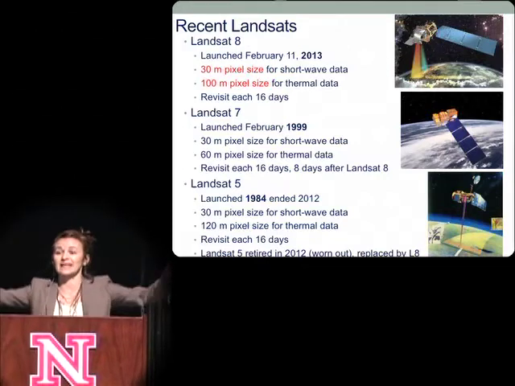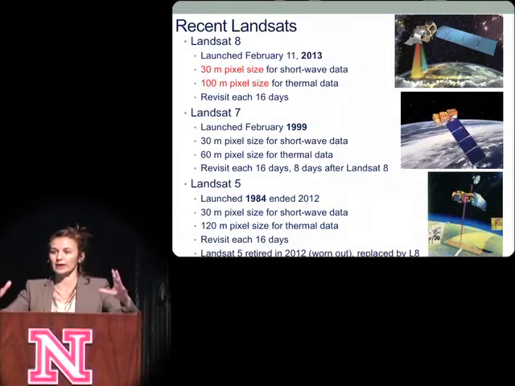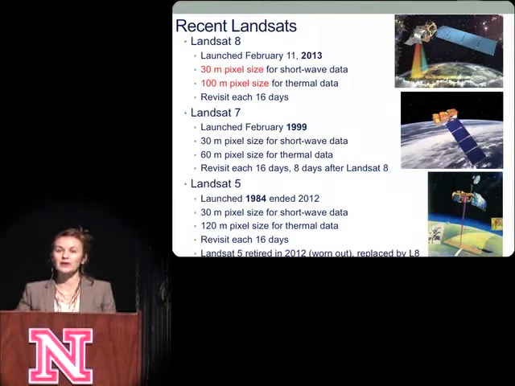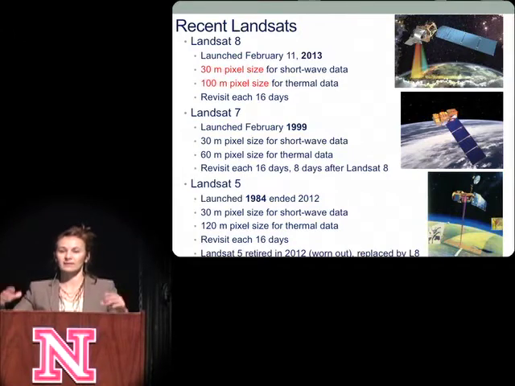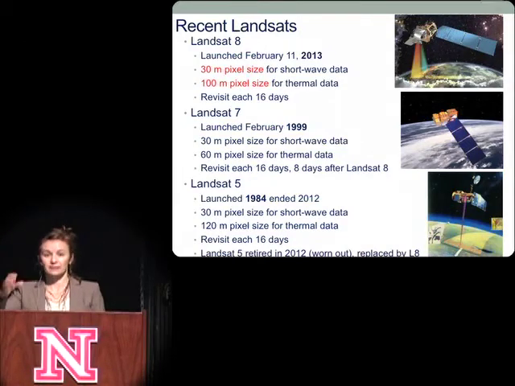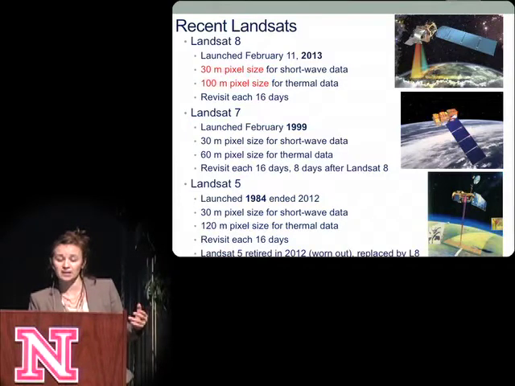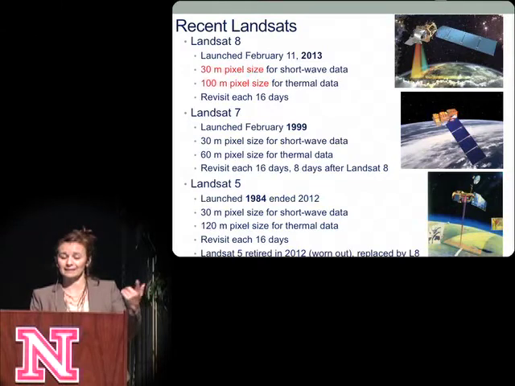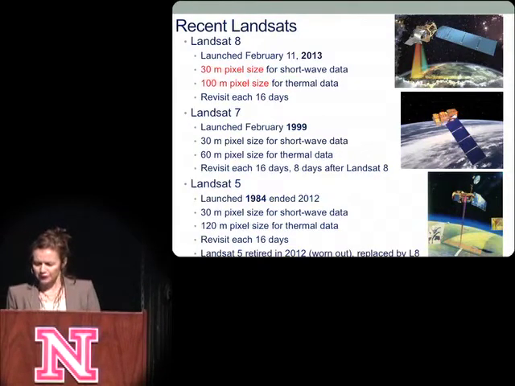The pixel is like a grid, the definition of ESRI, the grid. It's like a square, 30 by 30 meters. You have one number. And for the thermal data, the pixel size ranges from 60 meters to 100, 120 meters. The last Landsat has a 100 meter pixel size for the thermal band.